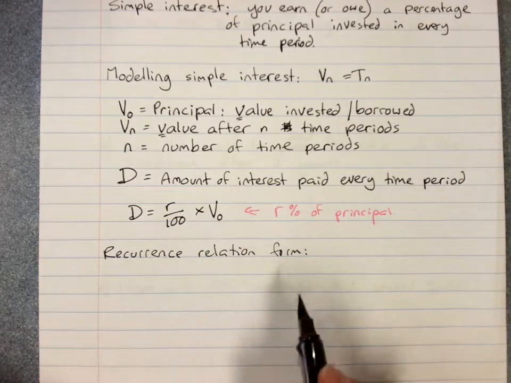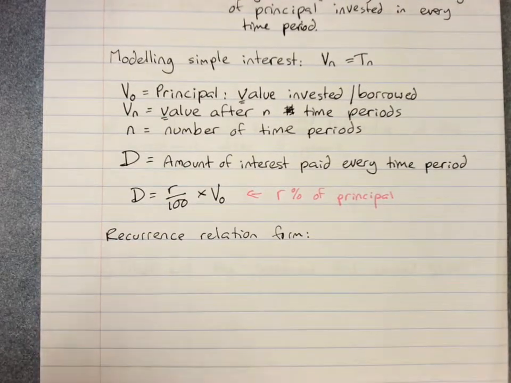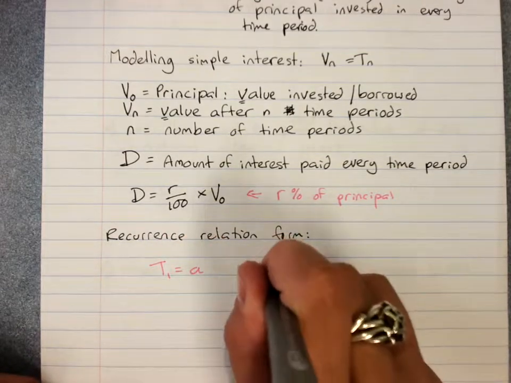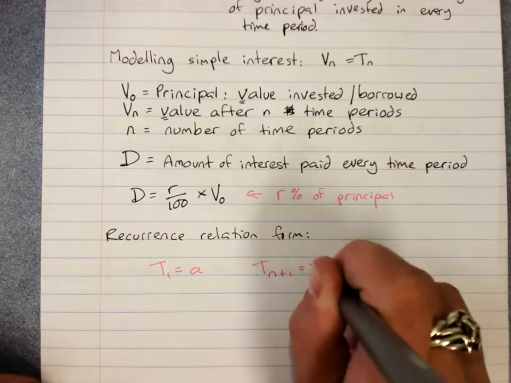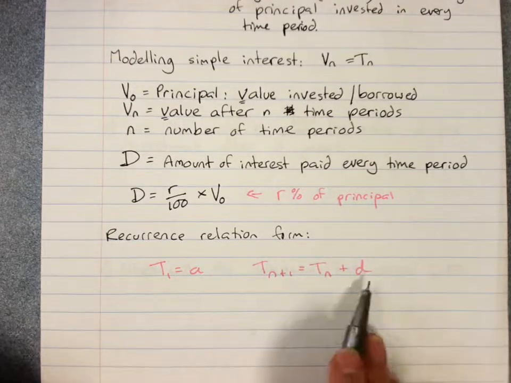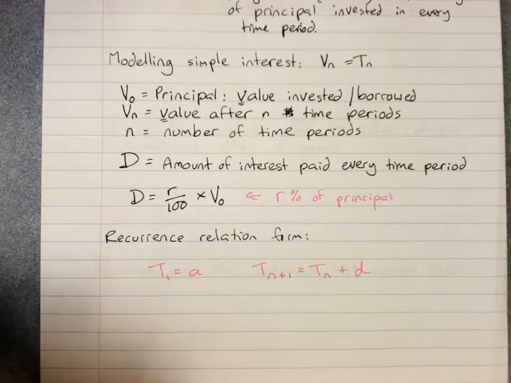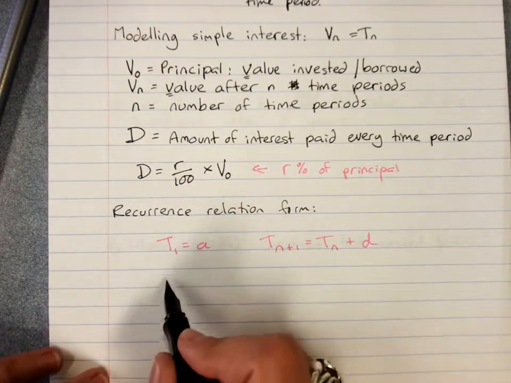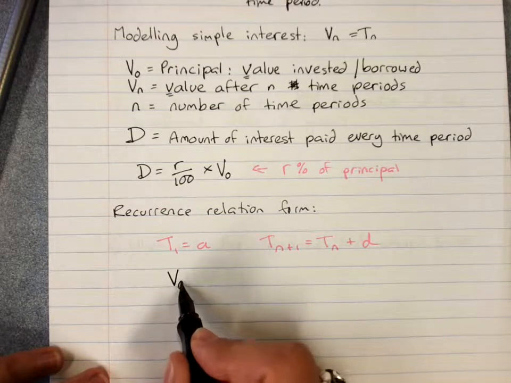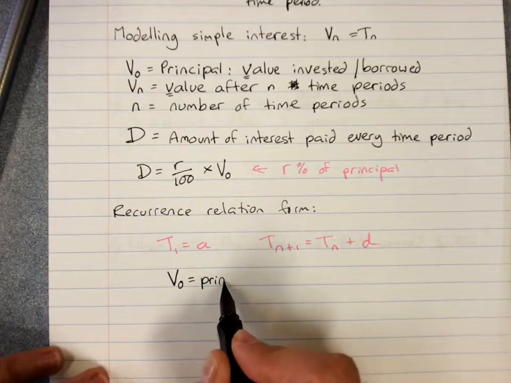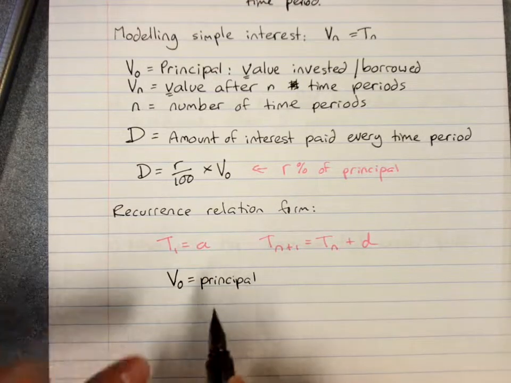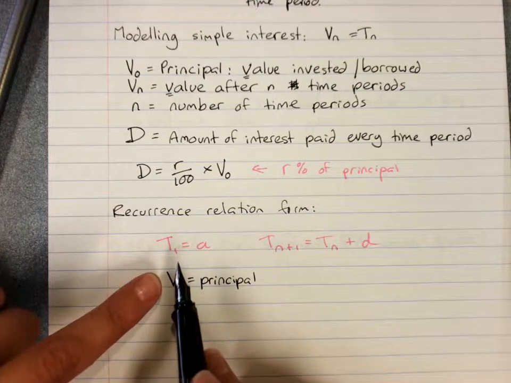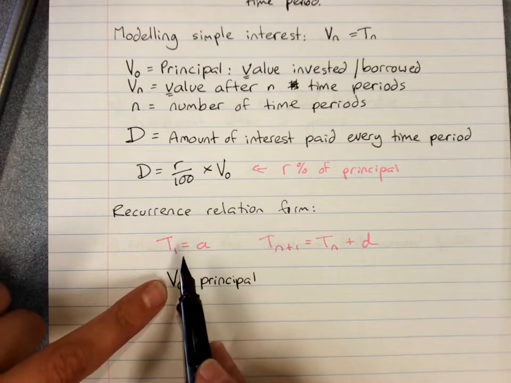So our standard recurrence relation would be T1 is A, Tn plus 1 is Tn plus D. That's our standard recurrence relationship form. For simple interest, we use V0 is the principal, because V1 would be the value after one time period.